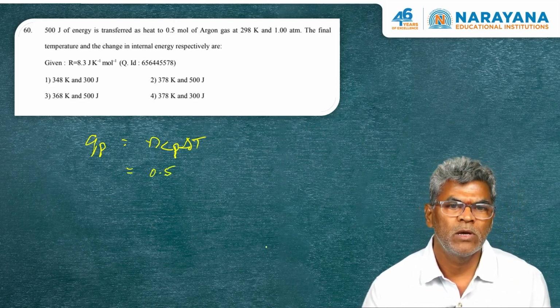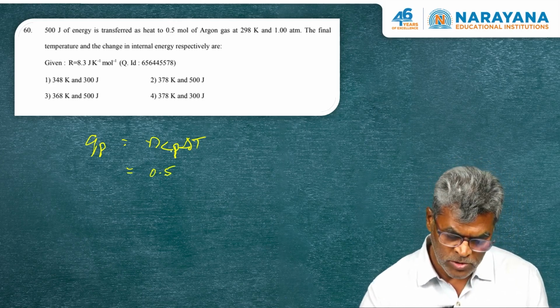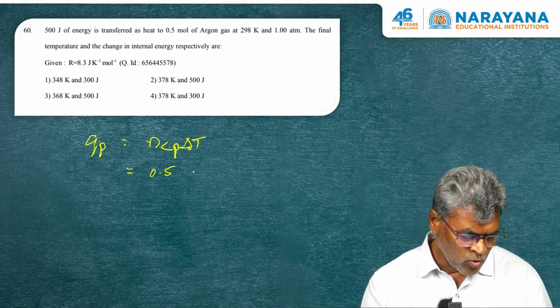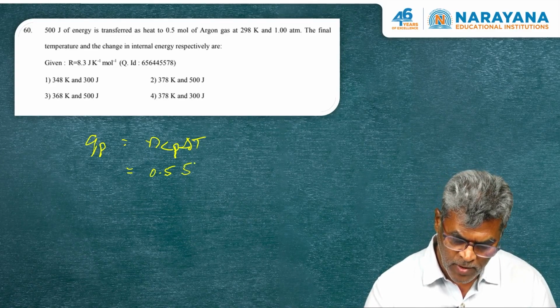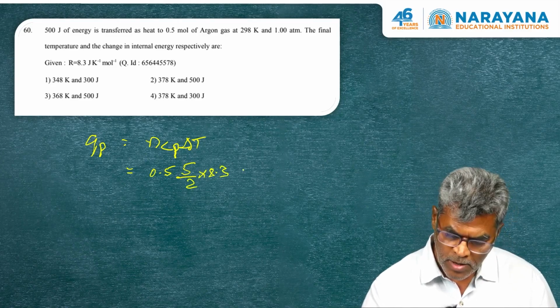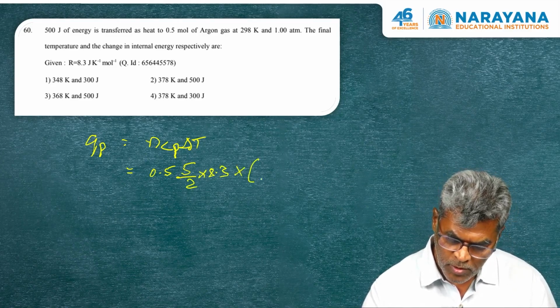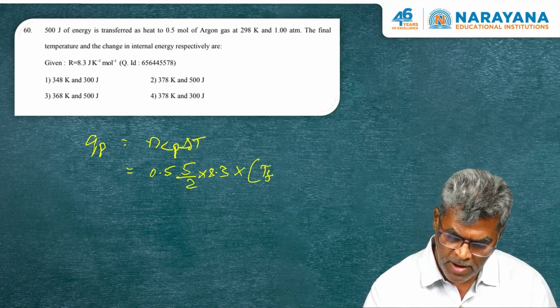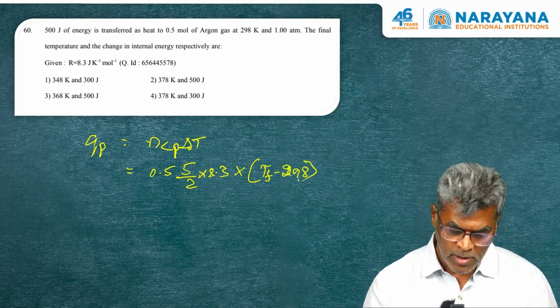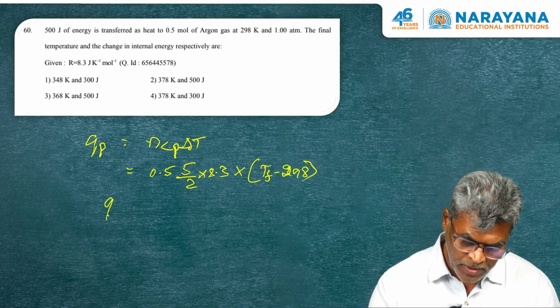Cp value, since argon is a monoatomic gas, is 5 by 2 R, with R as 8.3, into T final minus T initial, 298.